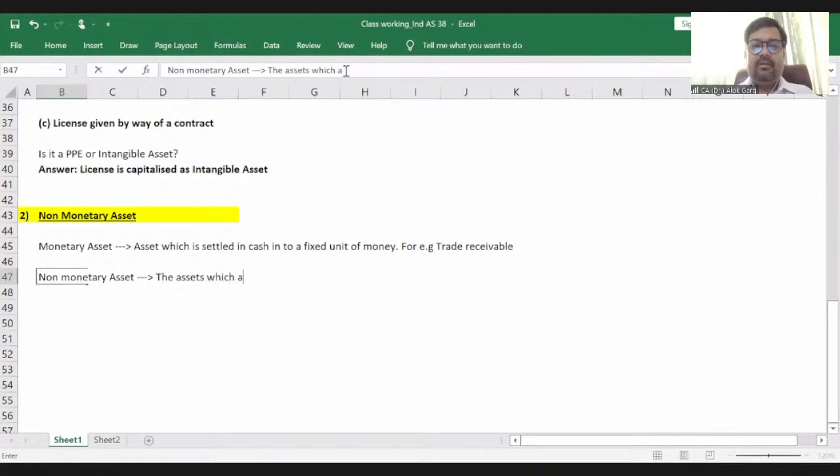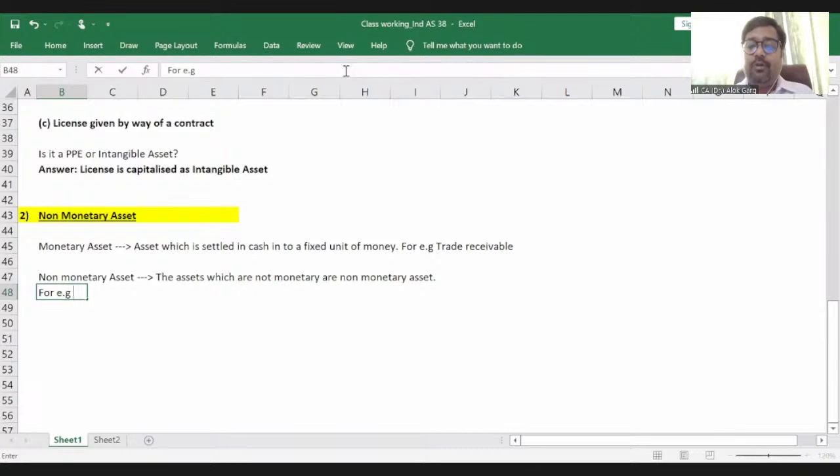Assets which are not monetary are non-monetary assets, right? What could be an example of a non-monetary asset?